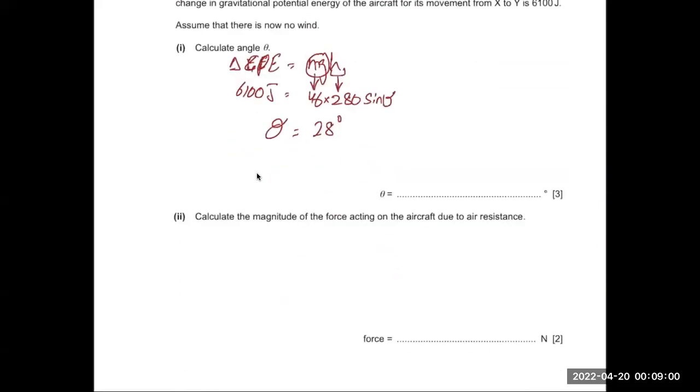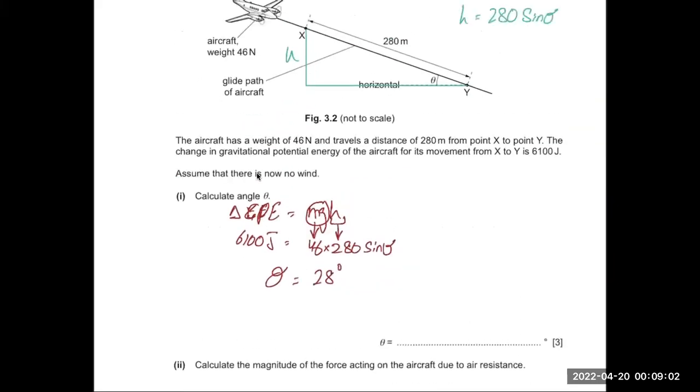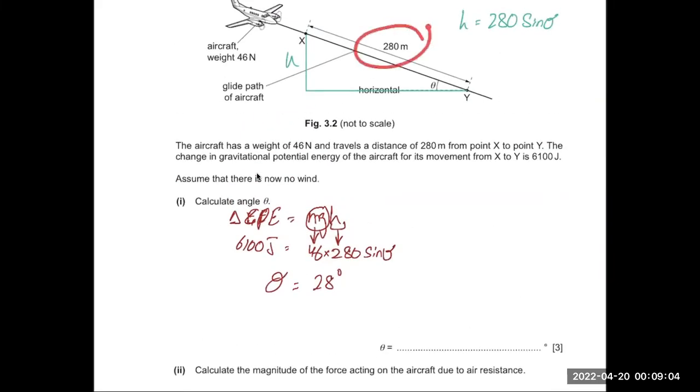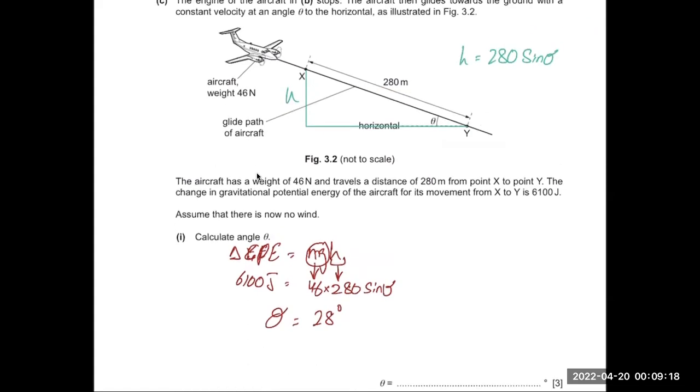We have the change in gravitational potential energy. We have 280 meters as the distance moved in this direction. What else have they given us?